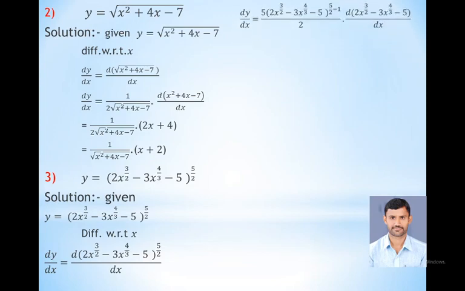Now which is equal to 5 by 2 into (2x^(3/2) − 3x^(4/3) − 5)^(5/2 − 1) into the derivative of 2x^(3/2) − 3x^(4/3) − 5.